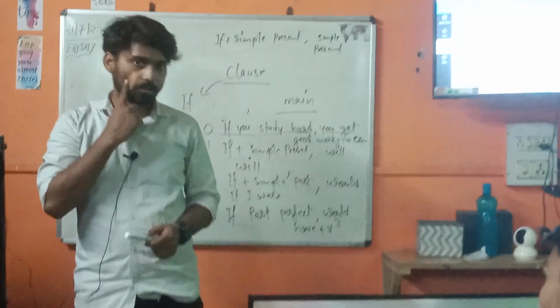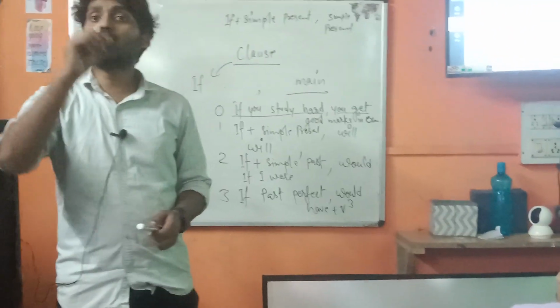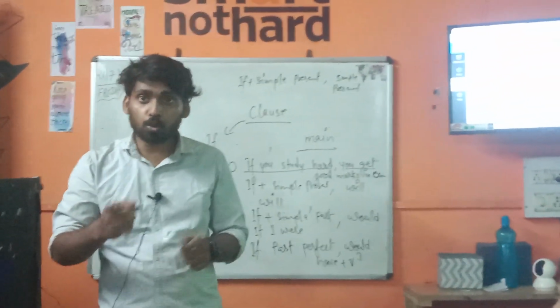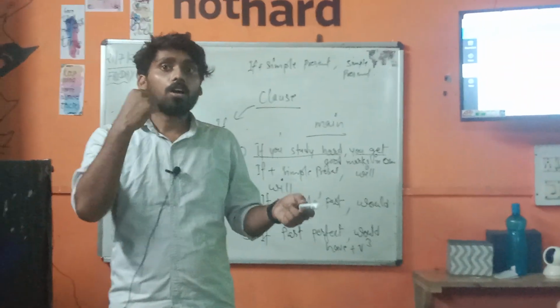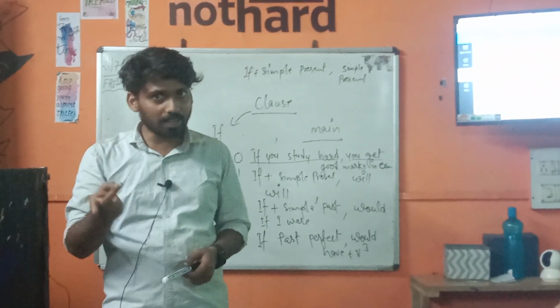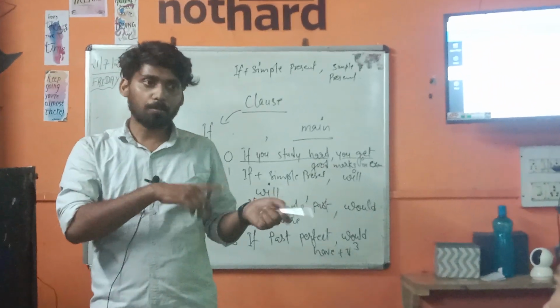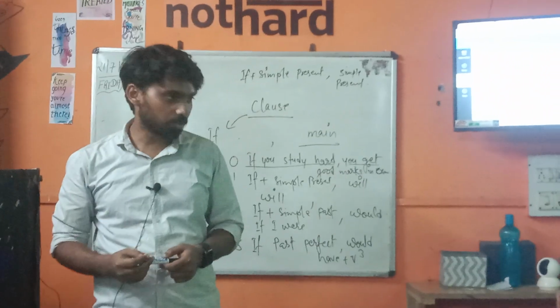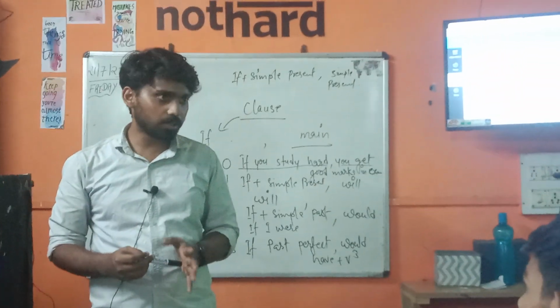I'm giving an example. If you had taken admission before 6 months, you would have become a good speaker of English. You did not take admission before 6 months, but I'm telling this just to make sure. Did you understand?